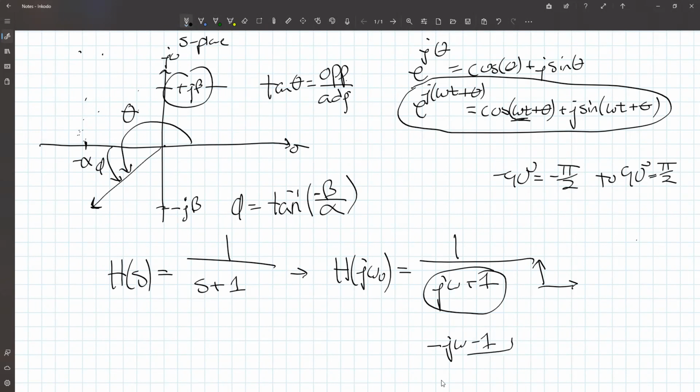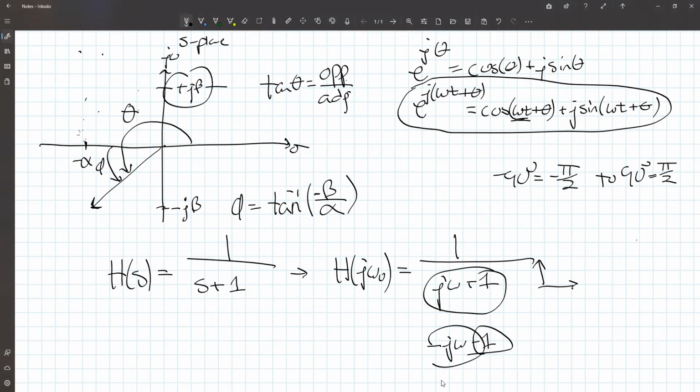My real part is going this way, my imaginary part is going that way, and I'm always taking my angle with reference to the real axis. So now I can see I have to subtract 180 or add 180, or do whatever you need to do.